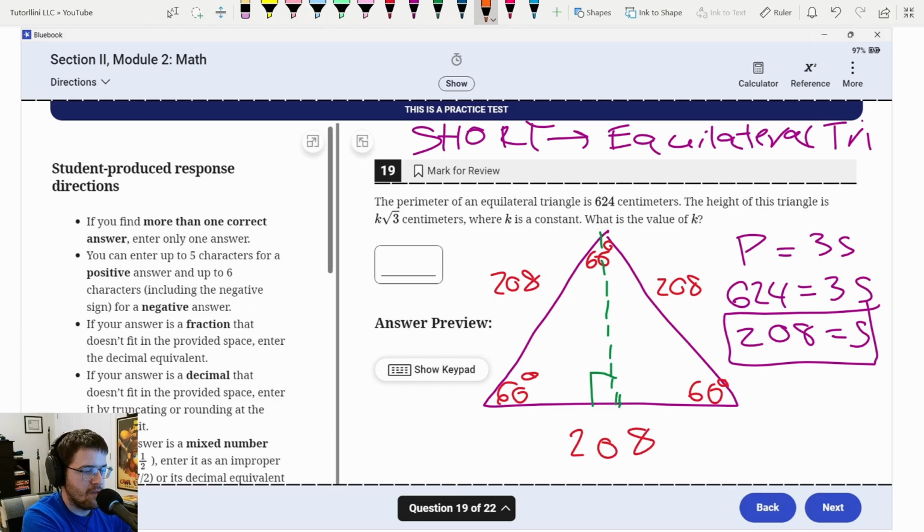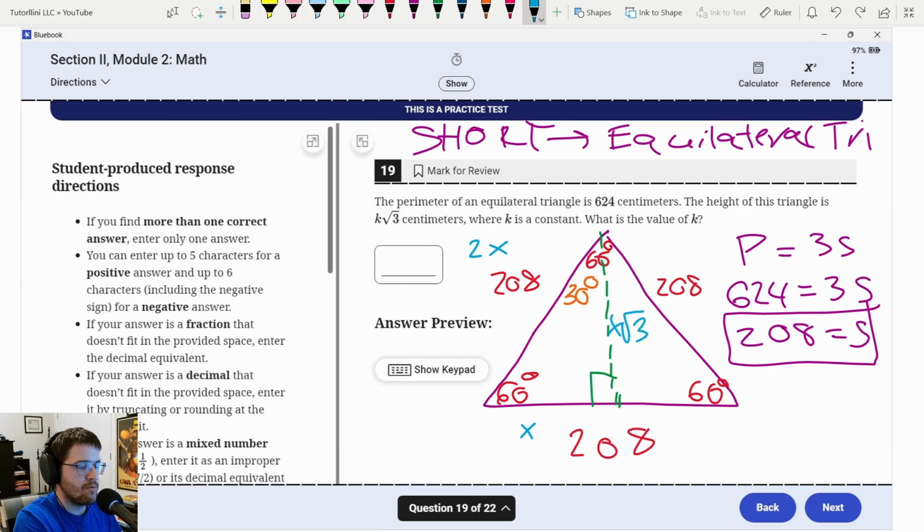This becomes, I'll use the one on the left, a 30, 60, 90 triangle. So this side is 2x. This side, across from 30, you can look on the reference sheet if you forget the special right triangle, is x, and then the height, this side here, across from 60 is x root 3.